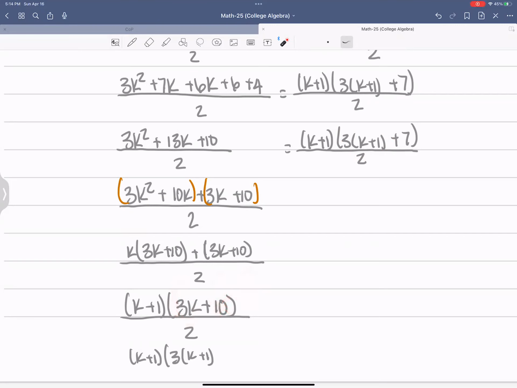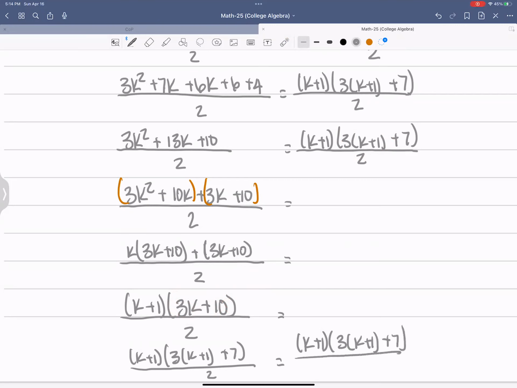So it looks like we have a 7 left over in there. Oh, which is exactly what we needed. K plus 1 times 3 times k plus 1 plus 7 all over 2. So those two are exactly the same.